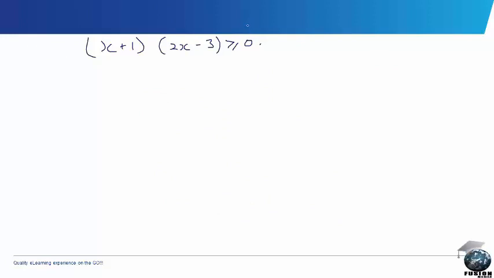Having gone to this point, we have factorized. We are saying that x plus 1 is greater than or equal to 0, and 2x minus 3 is greater than or equal to 0.